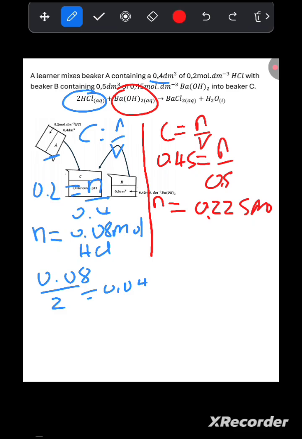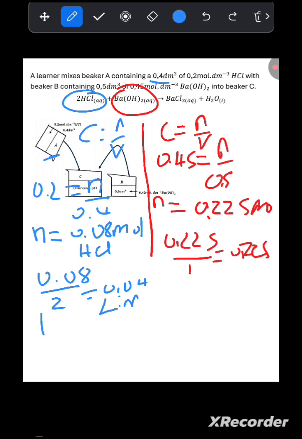And 0.225 divided by 1, you still get the same answer. Right, I look at the smallest. This is the small one. So this is the limiting reagent because it is less.